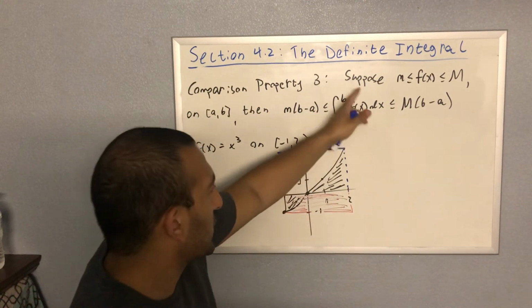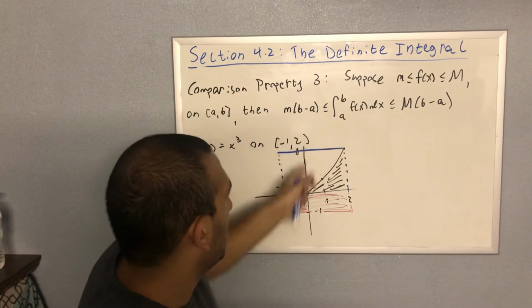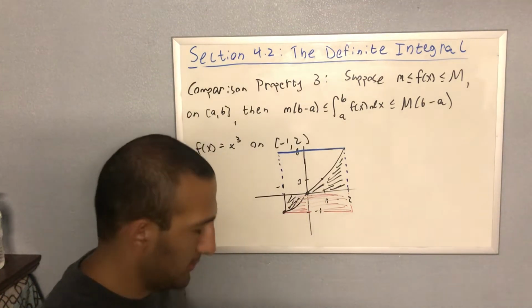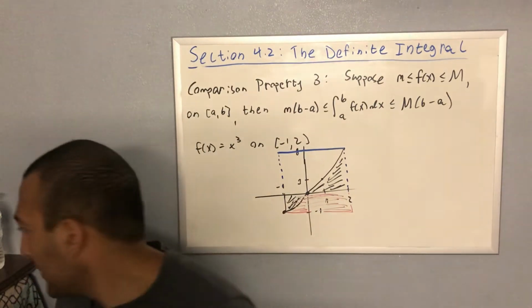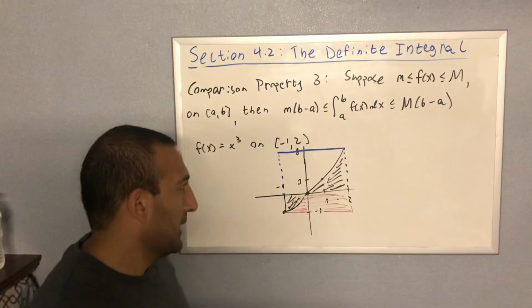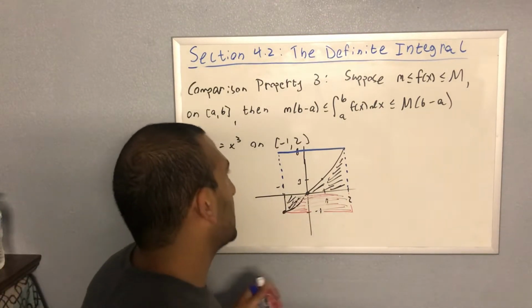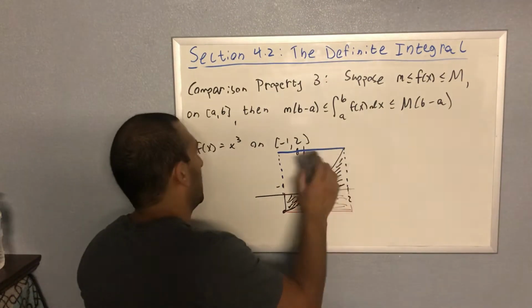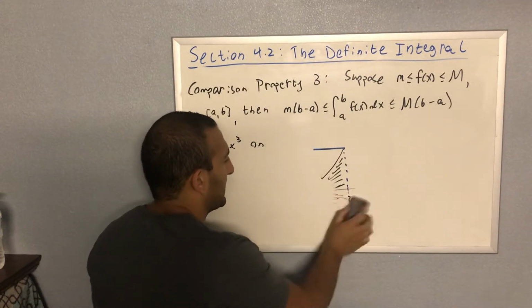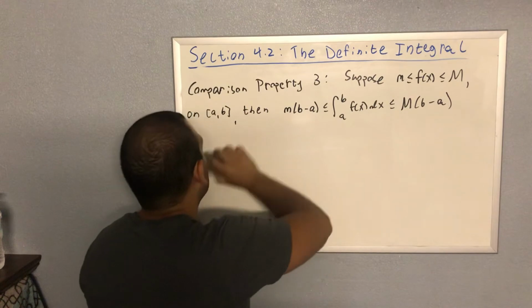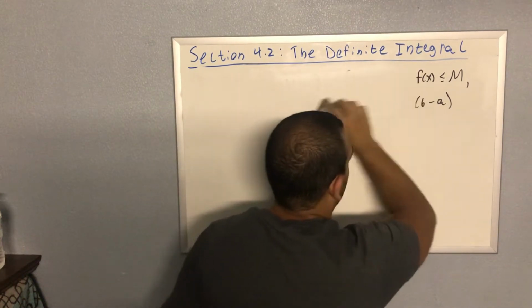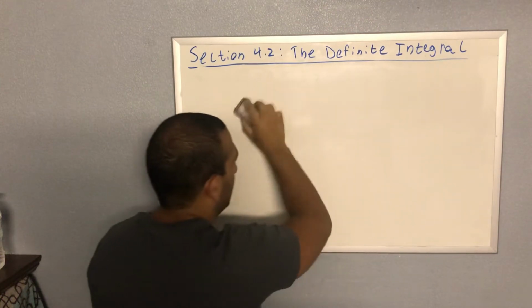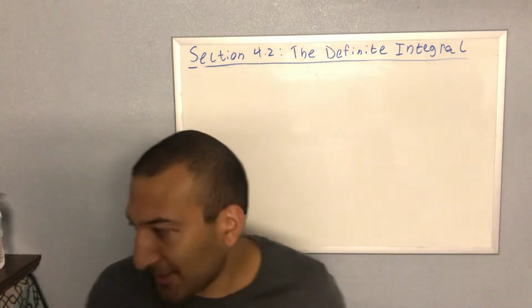So again, the actual area underneath the curve will be larger than the area created by the smaller limit. So that's all this is saying. And again, this is good because it can help you control the size of an integral if you need. Some of these are more used in proofs and things like that, but they will probably come up somewhere or later in our adventure into integral calculus.